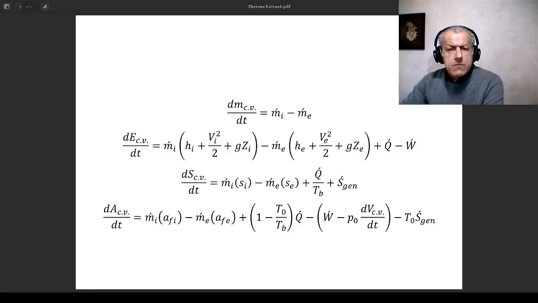Our next step is to simplify our equations, and we usually need the first two equations, which is the mass conservation and the energy equation.